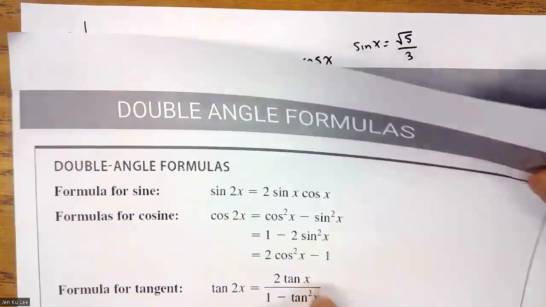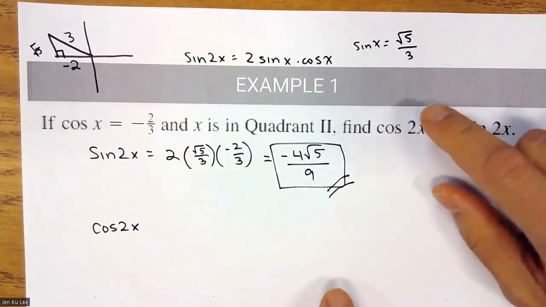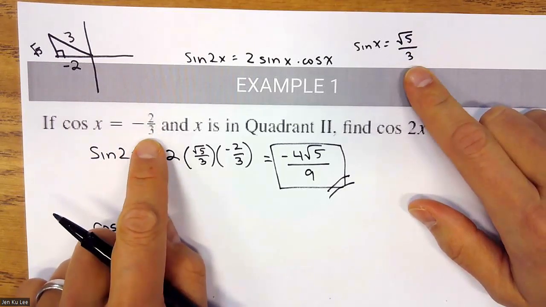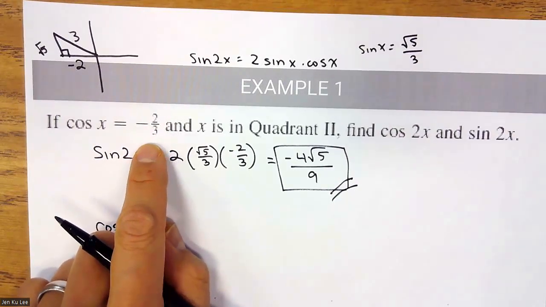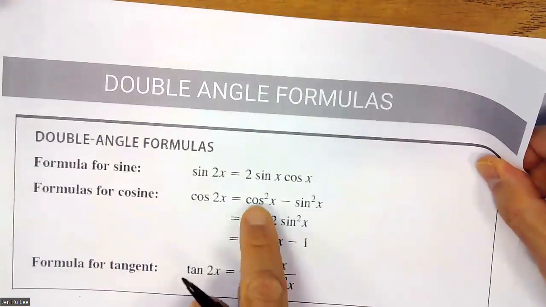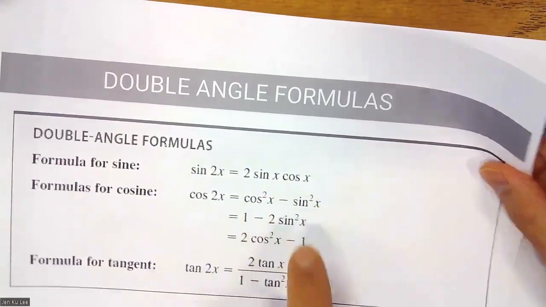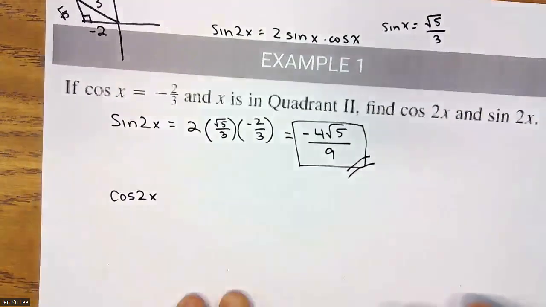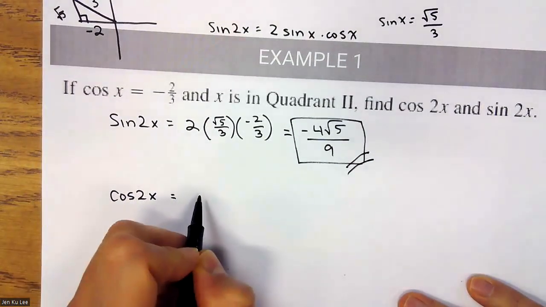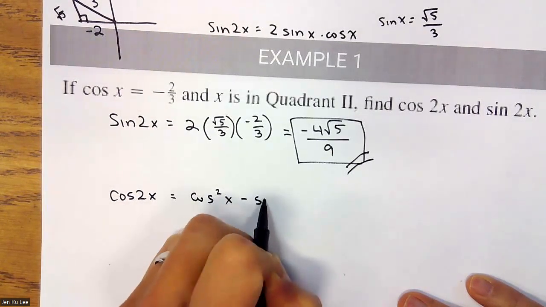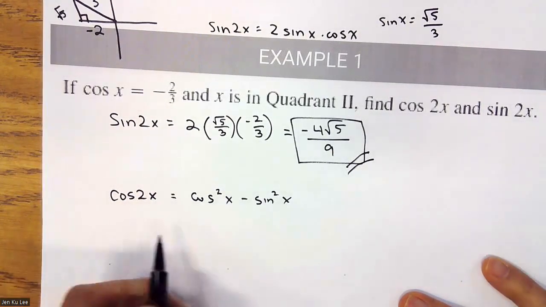What I like to do, class, since my sine and cosine are both over 3, is just use the first one. Because, well, let me show you. Why? I'm going to use cosine squared x minus sine squared x.